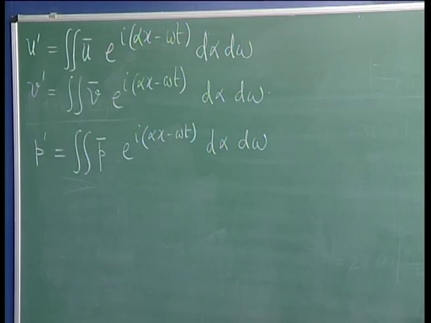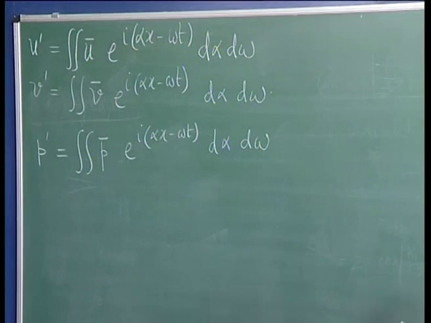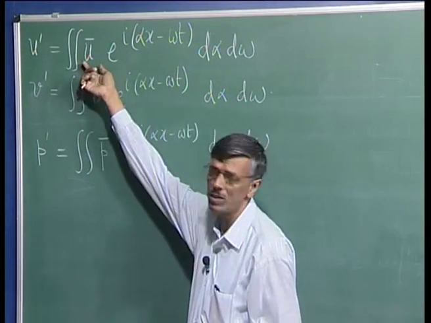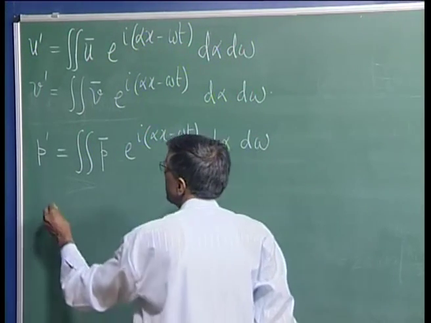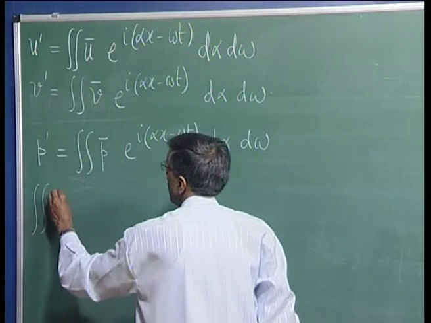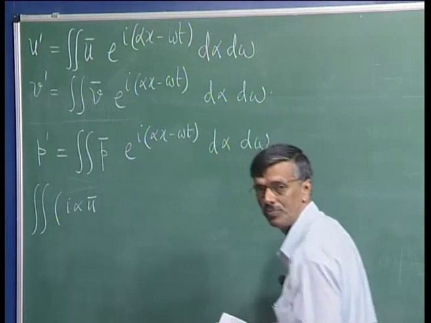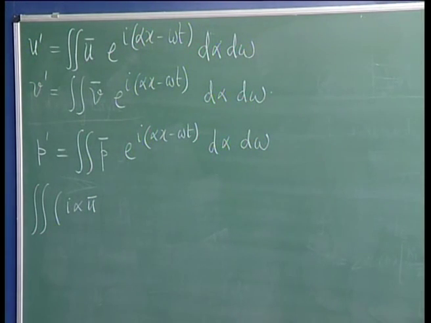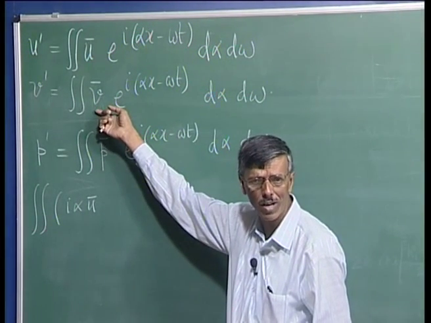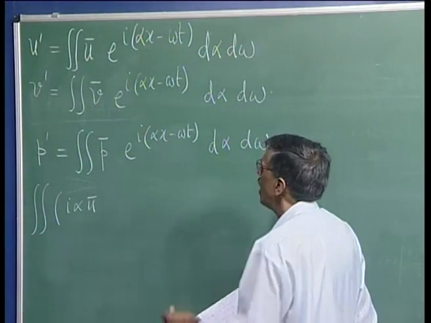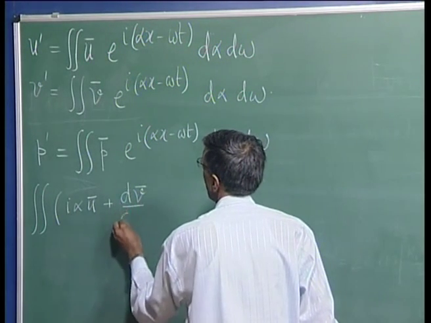Let us plug them in one by one. What do I get if I take del u prime del x? I will get i alpha u bar times this phase relationship. I am not going to write down the phase relationship, but you can understand it is very much there. So, del u prime del x should be equal to this. What about del v prime del y? That y variation is embedded in there, right? So what I would do is write that as dv bar dy.